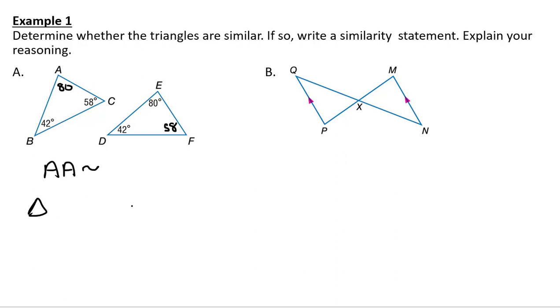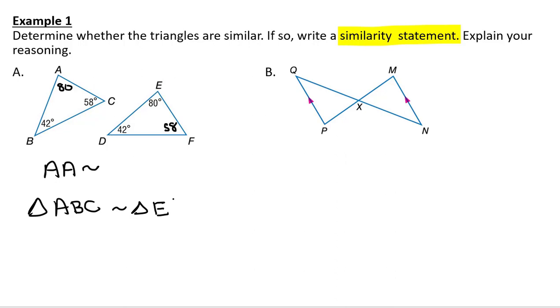So I need to state my similarity statement. My similarity statement, and I will highlight that again for you, is triangle ABC similar to triangle. So I have A, B, C, A, B, C. I started at my 80-degree angle. A corresponds to E, so that gets listed first.